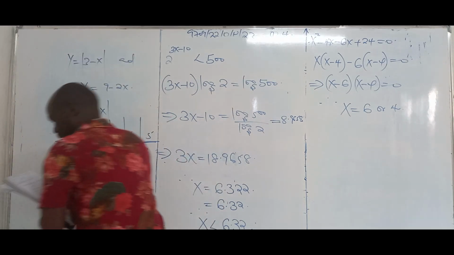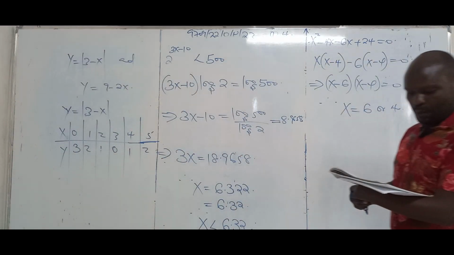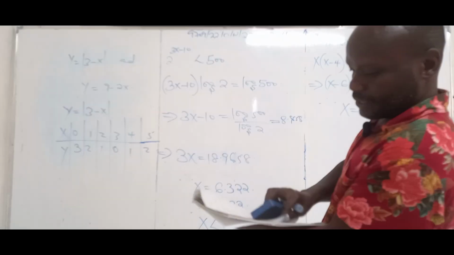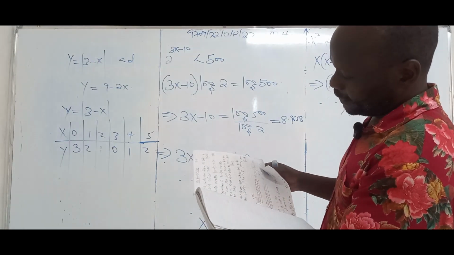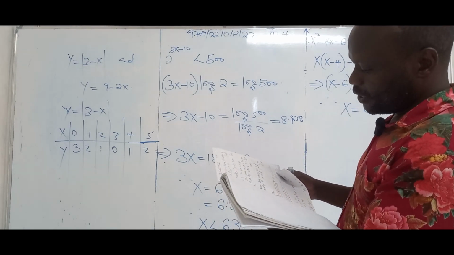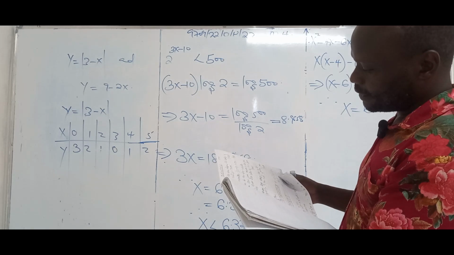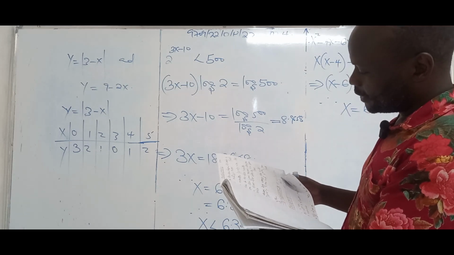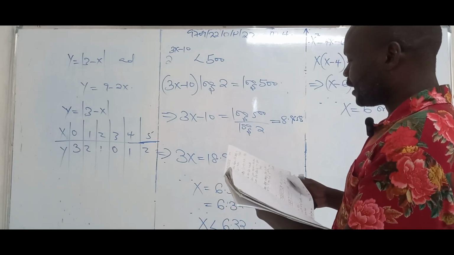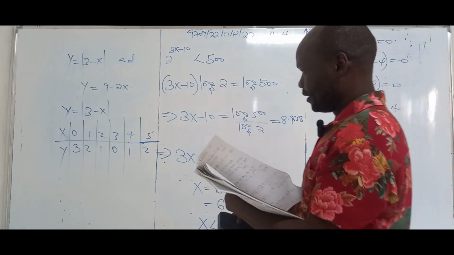Then the last part is asking: list the integers that satisfy both of the inequalities, 3 minus x is greater than 9 minus 2x, and 2 raised to power 3x minus 10 is less than 500.